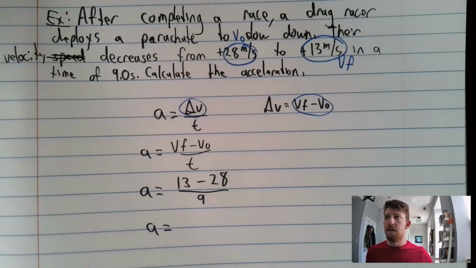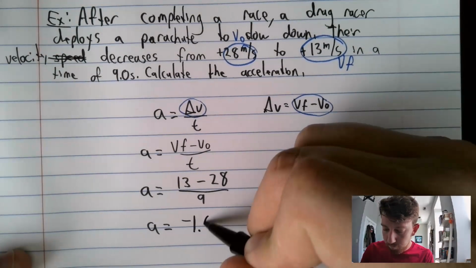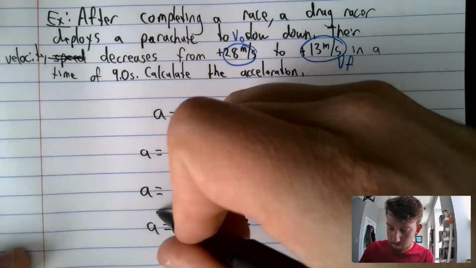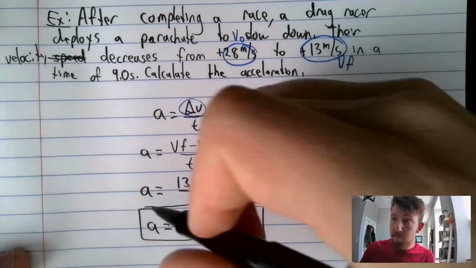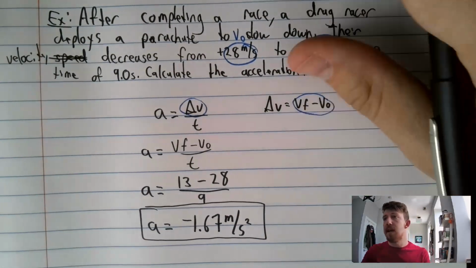So I have -15 here as the answer, divided by 9. And that's -1.67 meters per second squared.